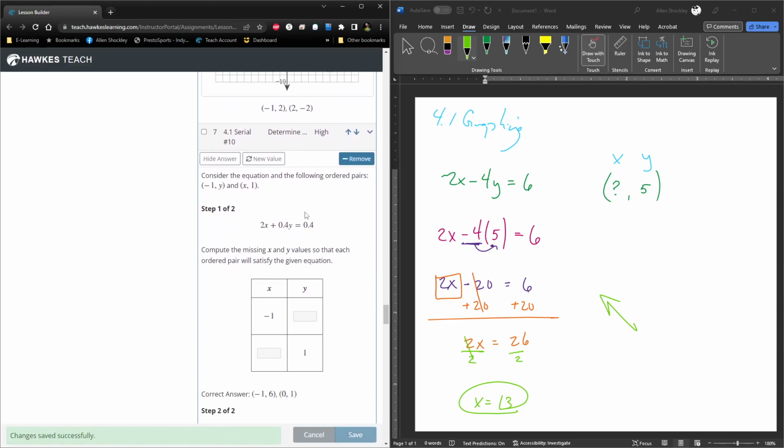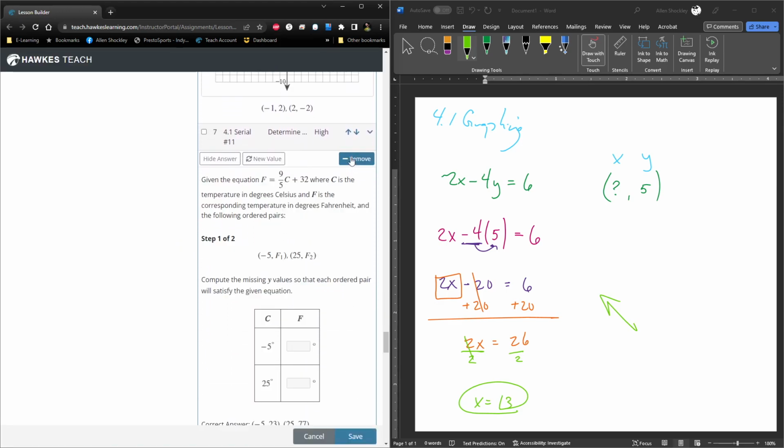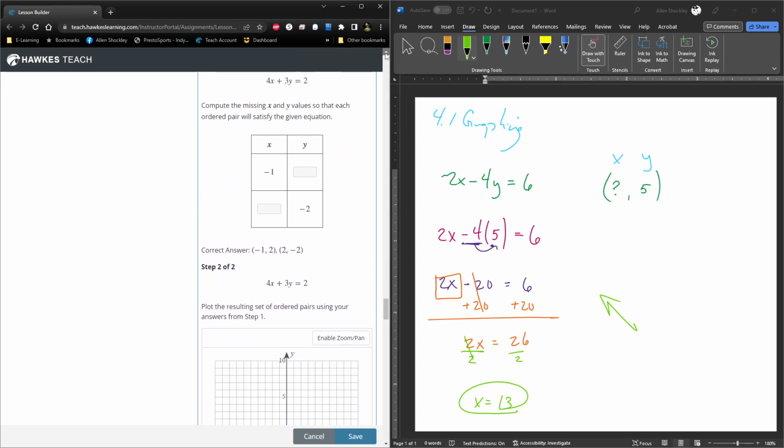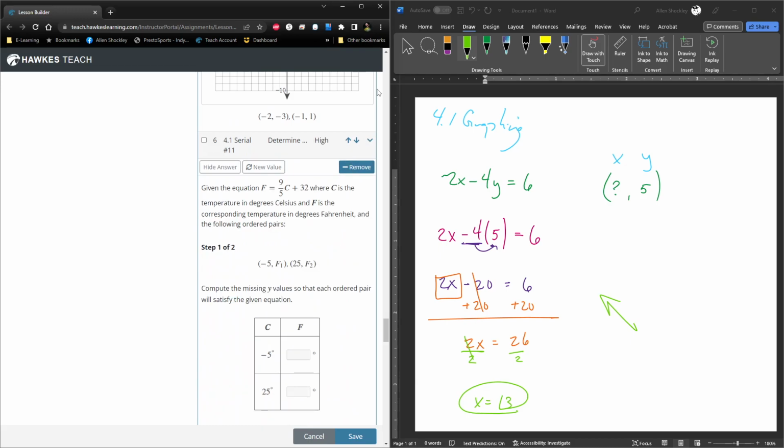Let's see if there's more. Yeah, there is. All right, it's getting a lot. This looks crazy. It is, again, the exact same stuff that you did right above it. So let's just make this a little less ridiculous.